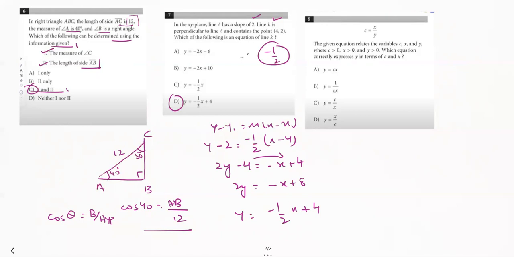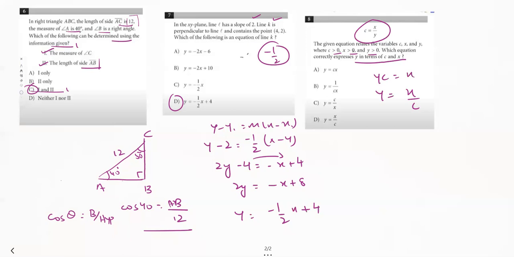Now this one seems to be tricky because of all the additional details that they have given, but trust me, it's not that difficult. C is equal to this. Which equation correctly represents y in terms of c and x? So simple. y c is equal to x, right? I need y in terms of c and x. So x upon c.